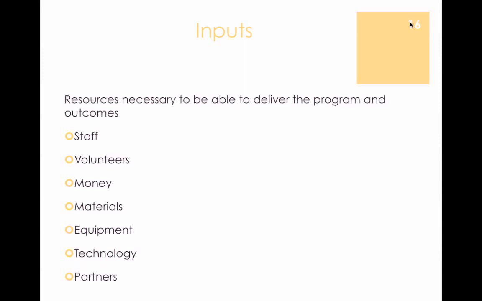And if you accomplish your planned activities to the extent intended, then your participants will benefit in a specific way. And if these benefits to participants are achieved, then certain changes in organizations, communities, systems, or individuals will occur under these conditions. These are your if-then assumptions, and they need to flow throughout your entire logic model.